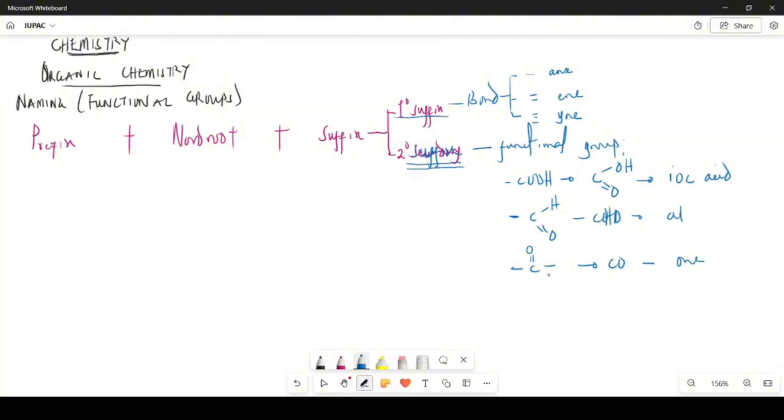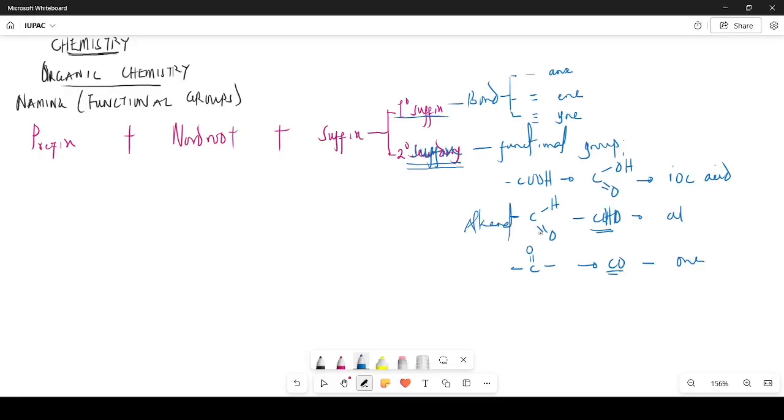And please take note, people often have difficulty differentiating between this alkanal, this CHO, and CO. Please take note, if you have CO with H at the end, maybe at the beginning or the end of that compound, it is definitely alkanal. Please take note of that.